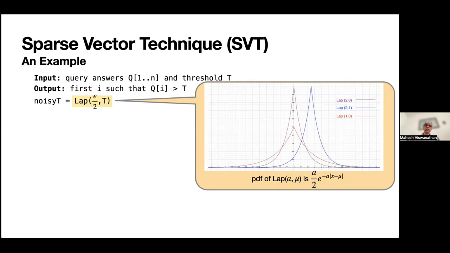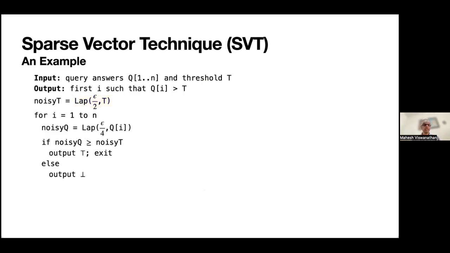Okay, so this algorithm is first going to perturb the threshold that is given as input, and then it's going to do the following. In a series of steps, it's going to read each query one by one. When it reads the query, it's again going to perturb the query, by sampling from the Laplace distribution with the mean being the query value.